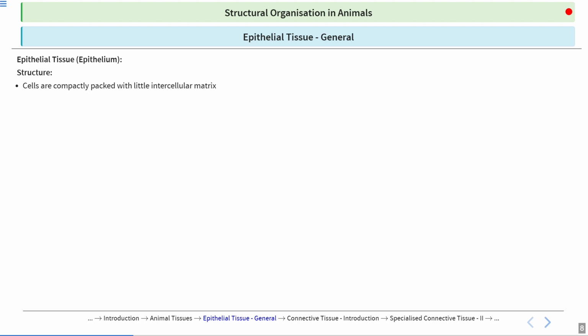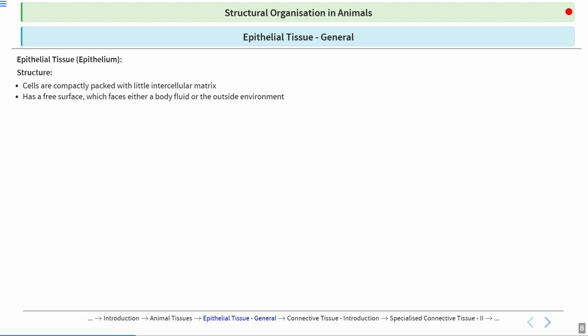Similarly, there are two cells. If you see two epithelial cells, then in between the cells a very little amount of intercellular matrix is there. That helps them join together and form the epithelial tissue.